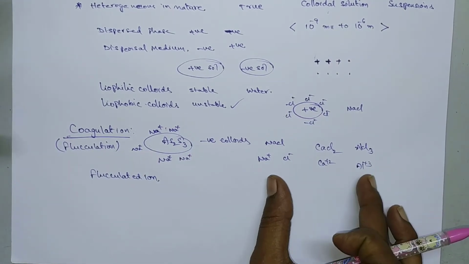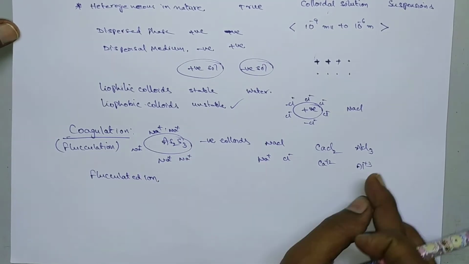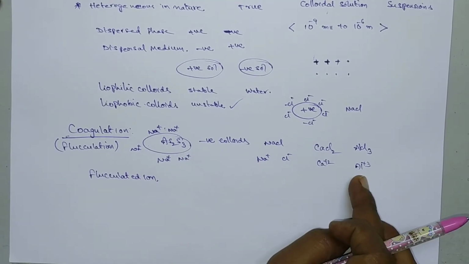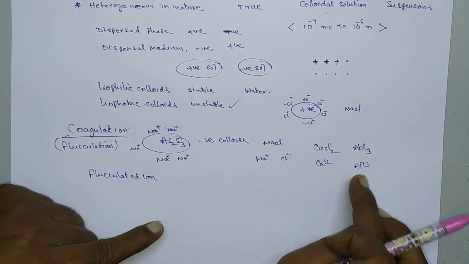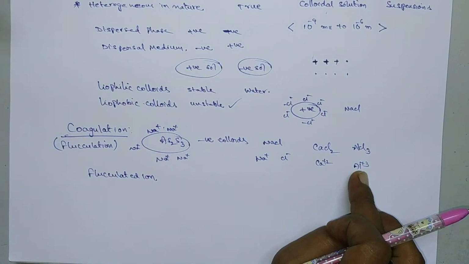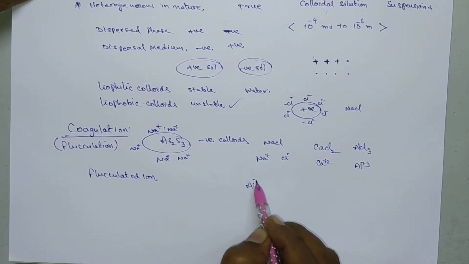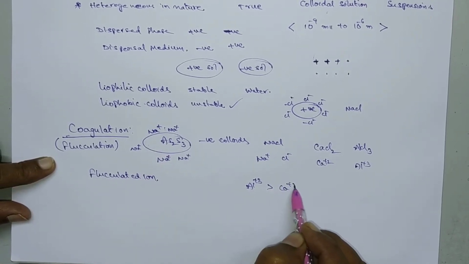Which of these three electrolytes can most easily coagulate the arsenic sulfide sol? It depends upon the charge on the flocculating ion. If the charge on the flocculating ion is more, the tendency of coagulation will be more. So Al3+ ions can coagulate this sol more easily than Ca2+ ions, and than Na+ ions.